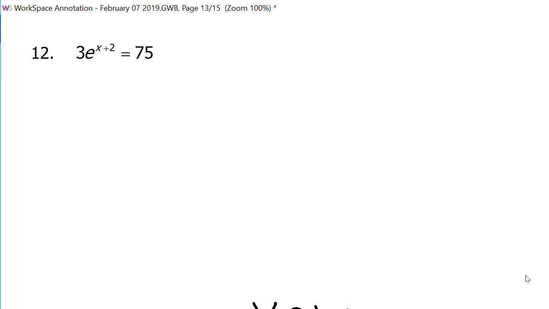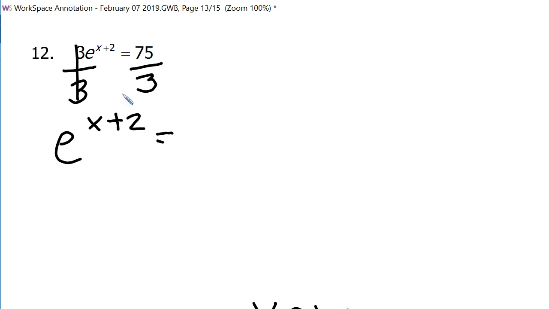So here's number 12. Now this one, if e is not by itself, get e by itself. So how do I get rid of the 3 up front? Divide both sides by 3. So that gives us e to the x plus 2 equals 25, 75 divided by 3 is 25. I keep wanting to give you answers today. Now, we're still using natural logs to solve.